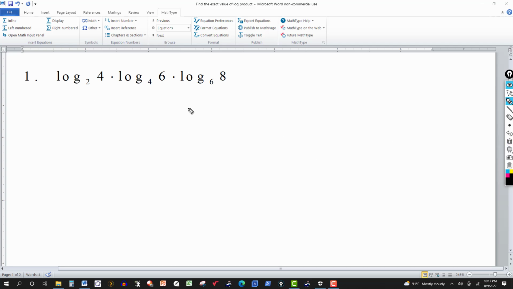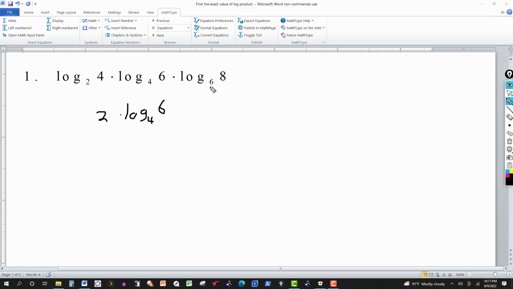But I could have done it this way also in this particular case. I could have said the log of 4 to base 2 is 2, because 2 to the second is 4. So I could have said, okay, this is going to be 2, and then the log of 6 to base 4.